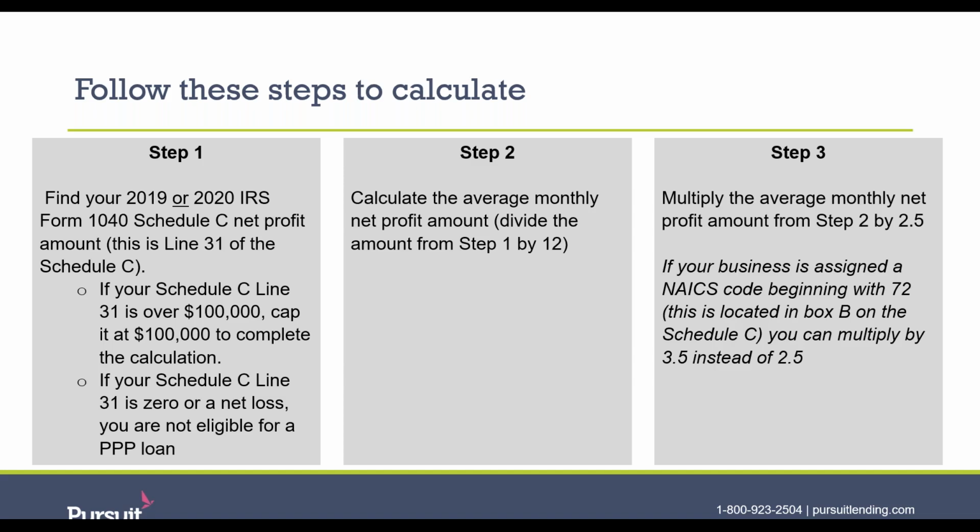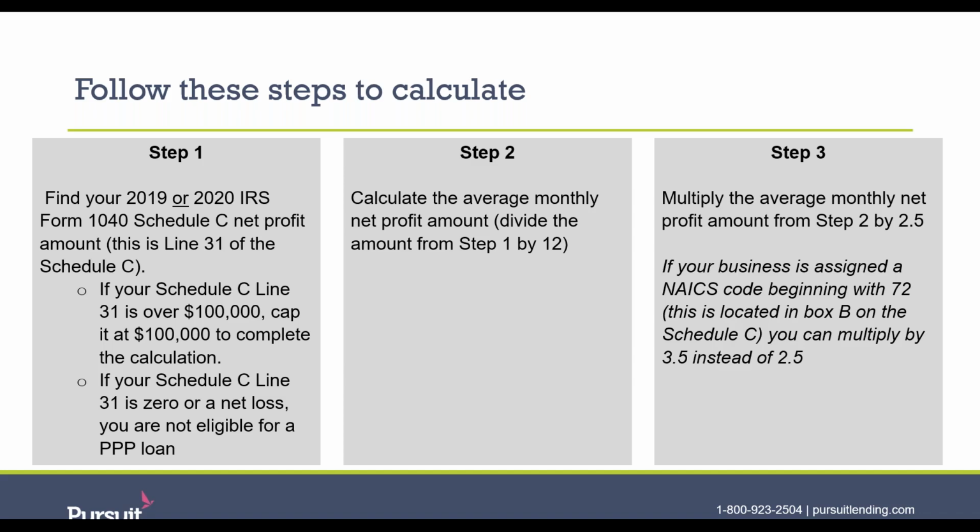If your net profit on line 31 is above $100,000, we will use that $100,000 number to complete the calculation. If you're below $100,000, use whatever is on line 31. If line 31 shows 0 or a negative number indicating a net loss, the business is not eligible for a PPP loan.